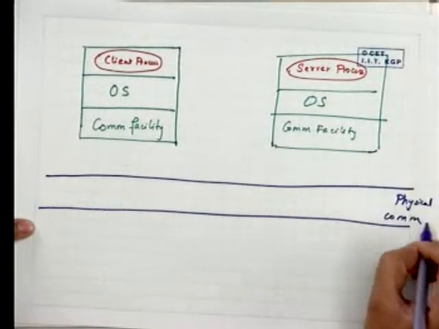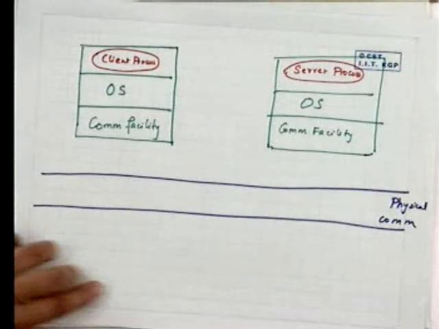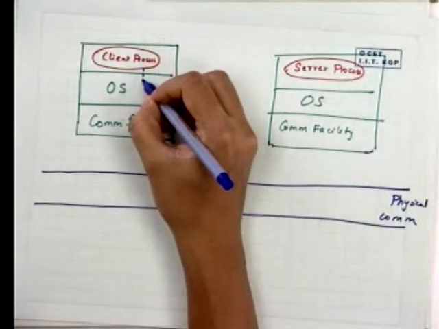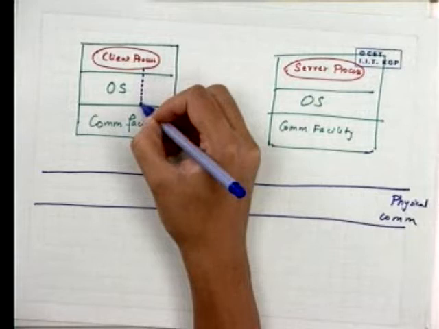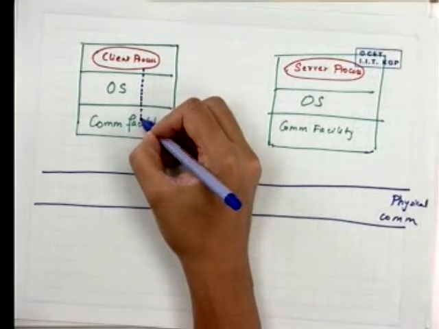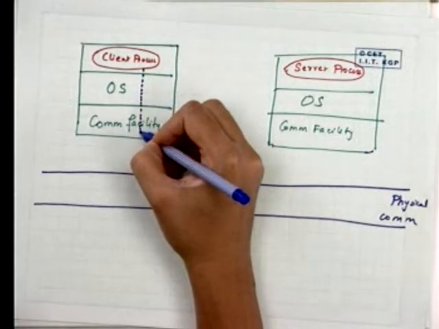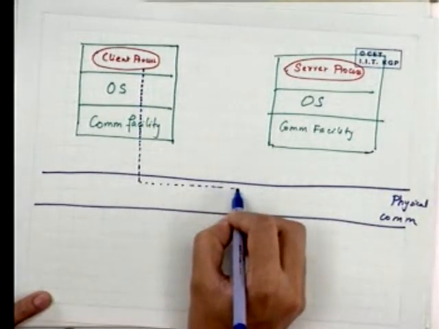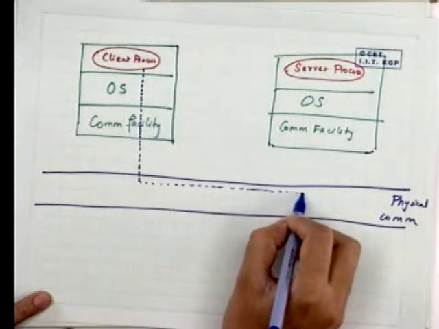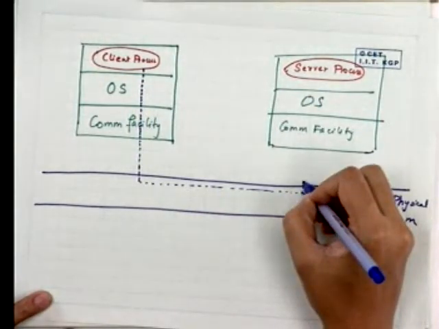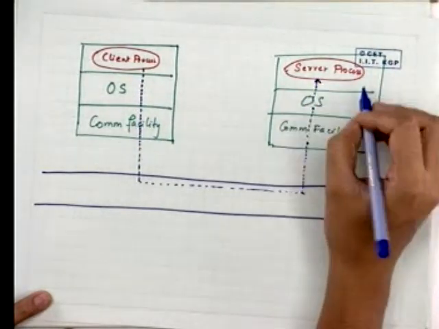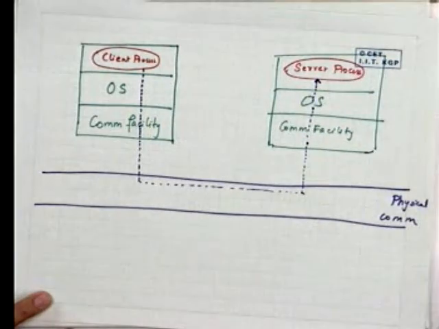Now, when a client process sends a request to the server process, the request passes through the operating system layer of the client machine, passes through the communication facility, and goes through this physical communication link and is transmitted to the server process through its communication facility, through its operating system layer. So this is the request message.